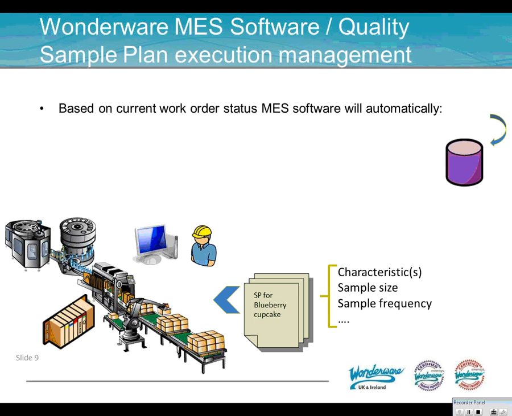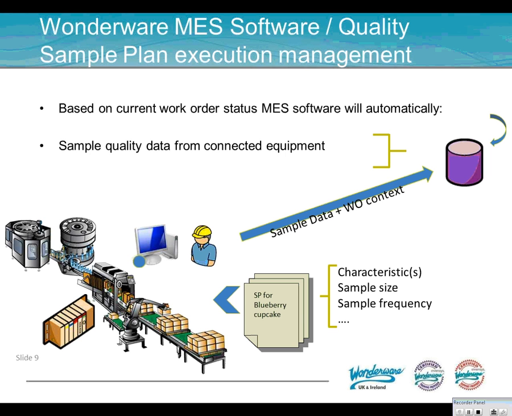So based on the current work order status, the software will, if available from the automation level, automatically collect the quality data at the correct time for the samples as they become due. And obviously that sample data and the associated work order context is stored in the database.